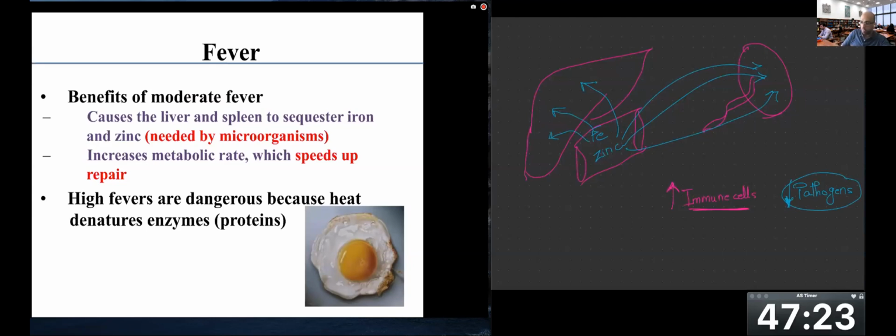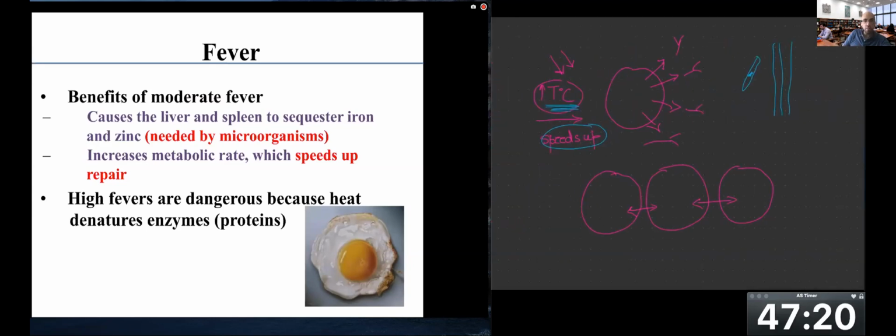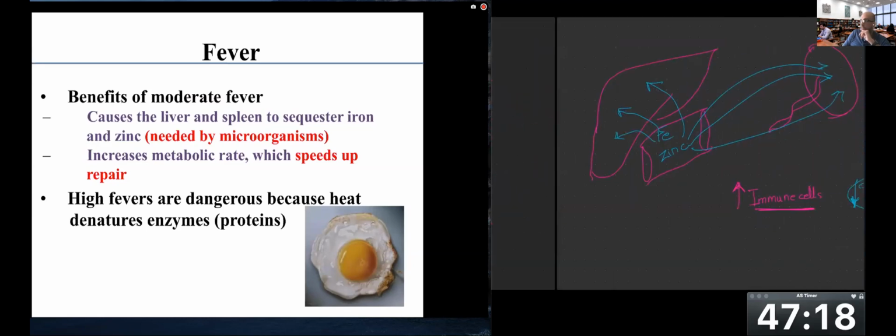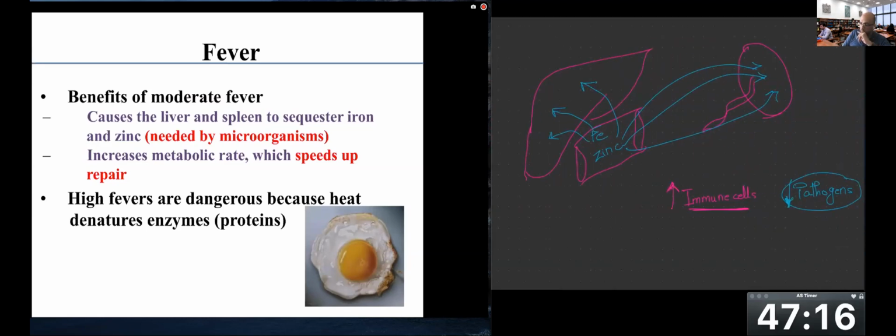I am boosting up the metabolic reactions, speeding up the metabolism. At the same time, I am taking away important chemicals which are required for the pathogenic cells to proliferate.